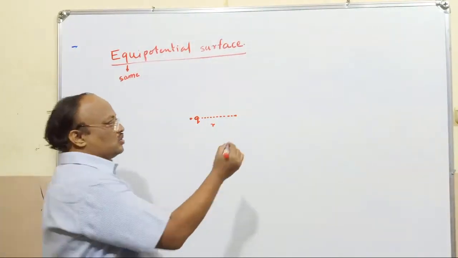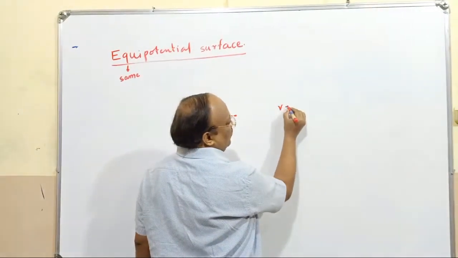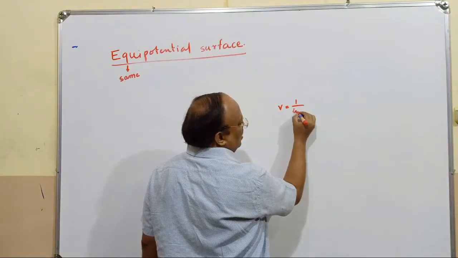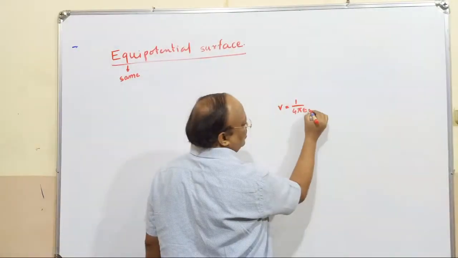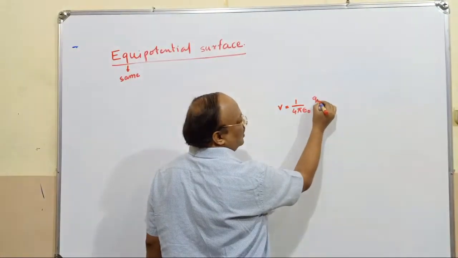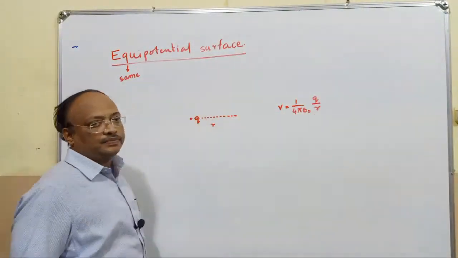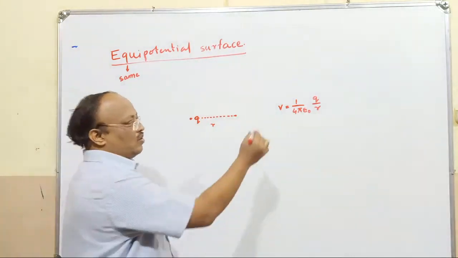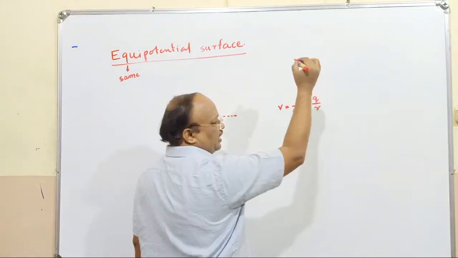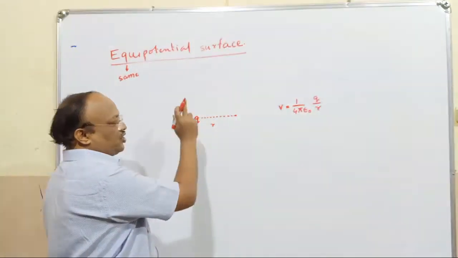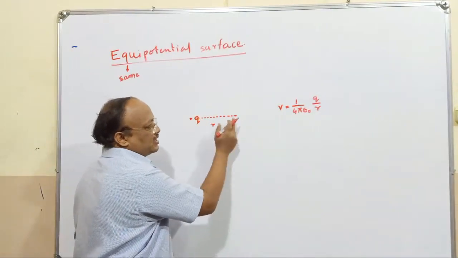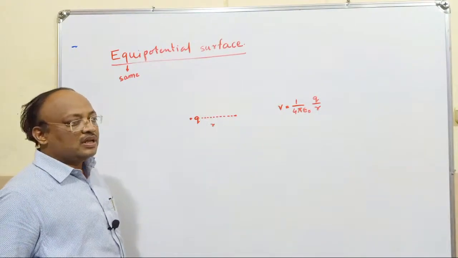So potential V is equal to 1 by 4 pi epsilon naught Q by r. The charge is Q, and this distance r I have taken.